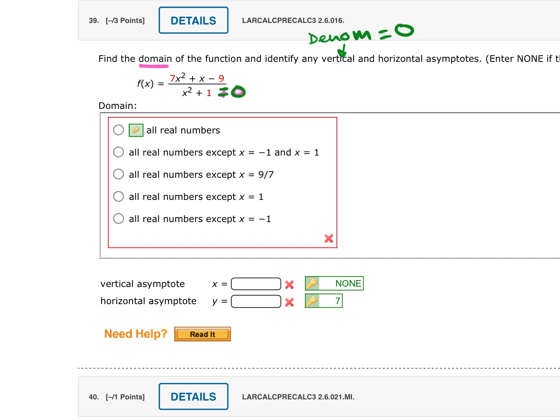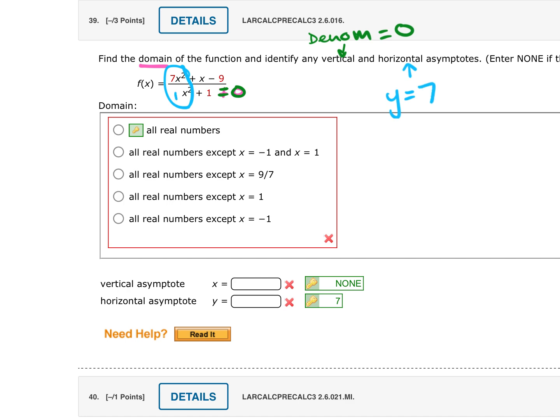Horizontal asymptotes, we look at the degree of our numerator and denominator. When they're the same degree, we look at the coefficients. So our horizontal asymptote here would be y equals 7, because it'd be 7 over 1.